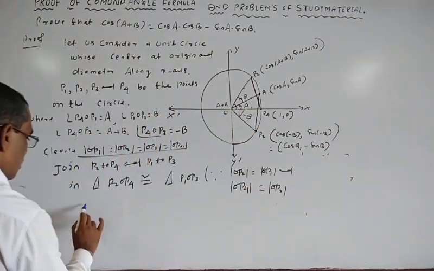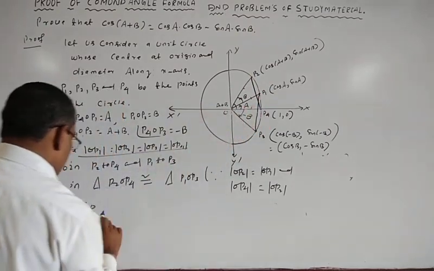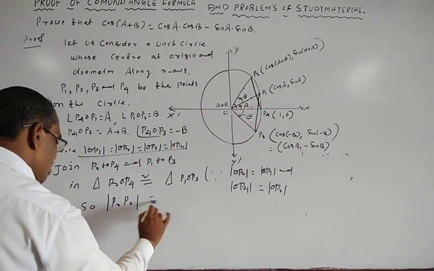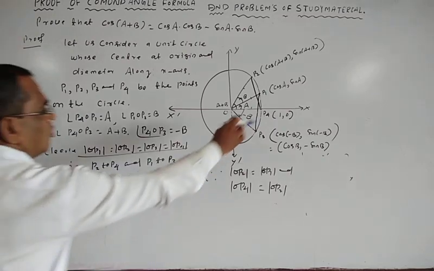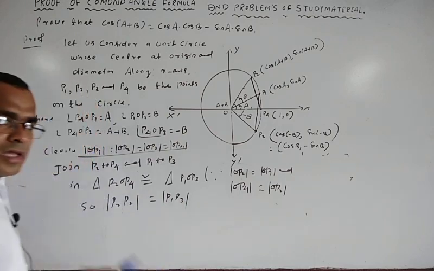So P2P4, its magnitude or length, is equal to P1P3. Okay, do you understand?